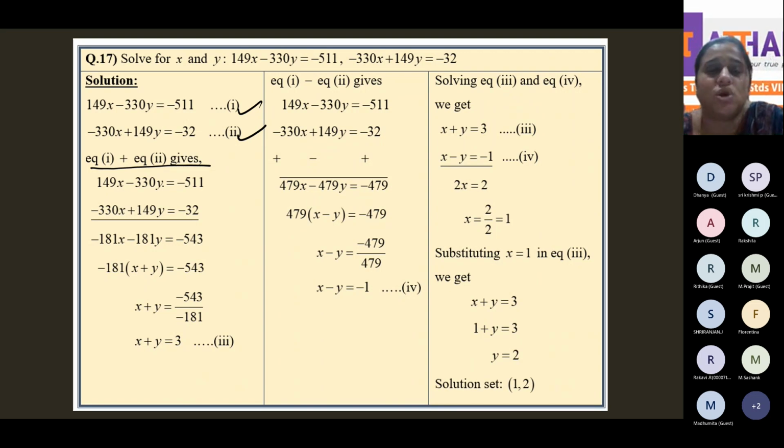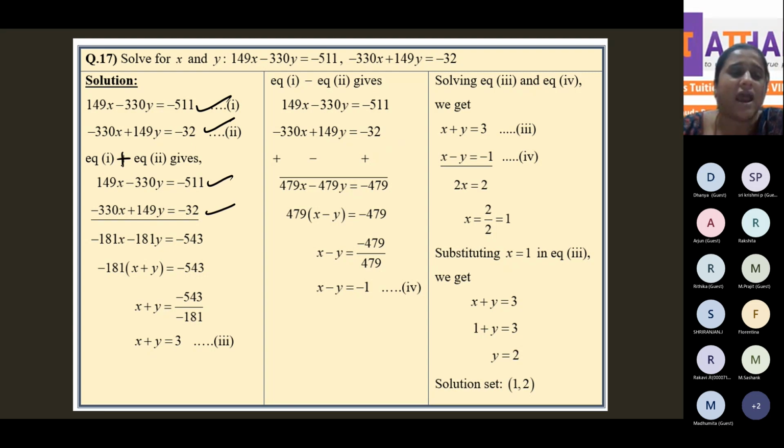If you change the signs in the second equation, minus becomes plus, plus becomes minus, then you're subtracting the two equations. So I write these two equations one below the other, and we're going to add them, which means we don't change the signs in the second equation.